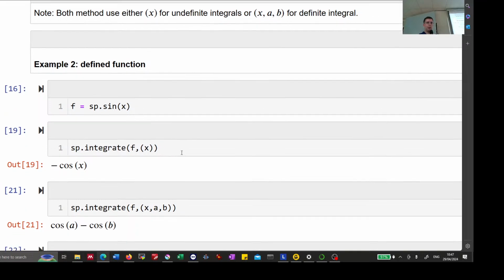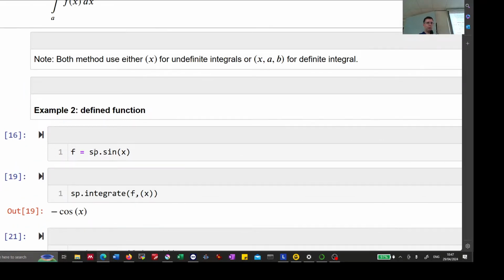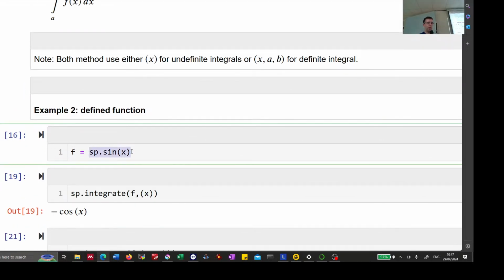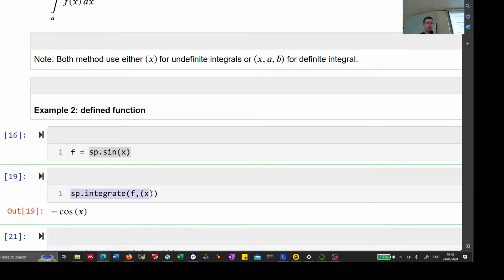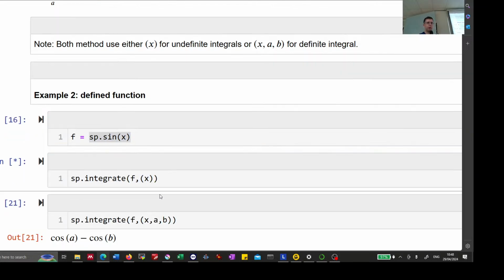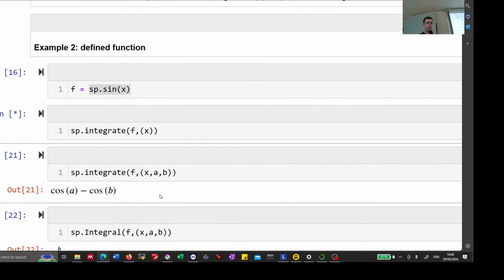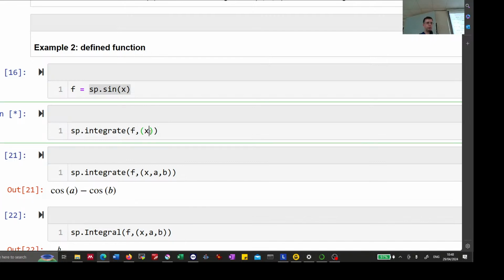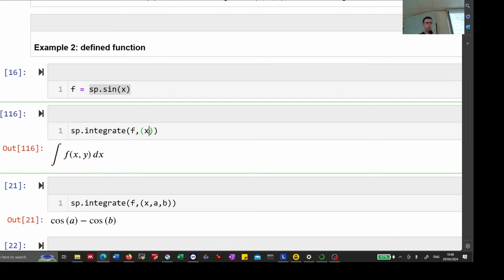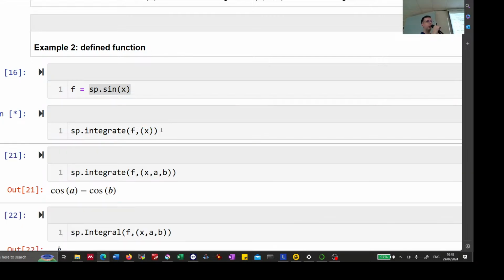So in the second example, we actually provide a function here, sine of x. And if we do integrate f of x, we need to execute. So now it should be smart enough to tell me that the integral of sine is minus cosine.